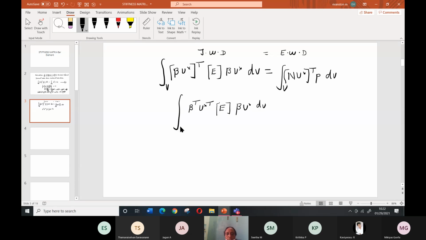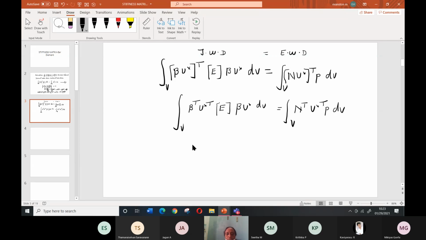The whole thing you have to integrate. It is equal to the integration over V of N transpose U star transpose P into dV. You have to be careful. This is N dash transpose only. N dash we have taken as beta. N dash is nothing but the derivative of N.